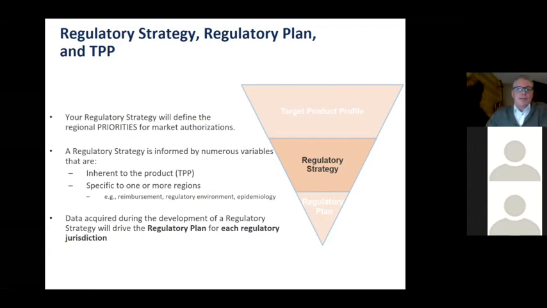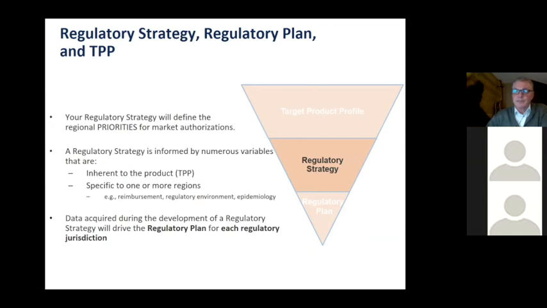So your regulatory strategy is going to define those regional priorities. Once you have the strategy and you've worked your way through it, you're going to know which regions you need to go into first, based on all the data that you've summarized. And that regulatory strategy is going to be informed by the product-specific components that you'll have listed out in your target product profile, and they will be specific to one or more regions.